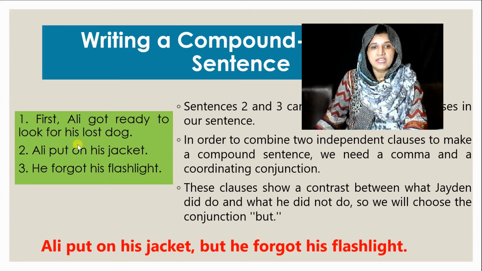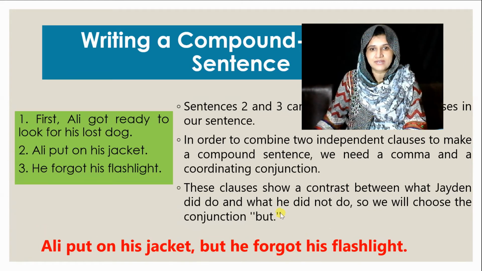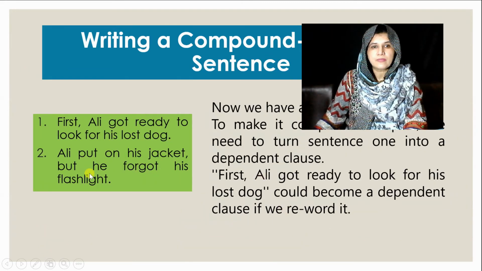As there is a contrast, it's most appropriate to add but here, right? Ali put on his jacket, comma, but he forgot his flashlight. So by adding this coordinating conjunction and comma, we converted these 2 separate sentences into a compound sentence, right?